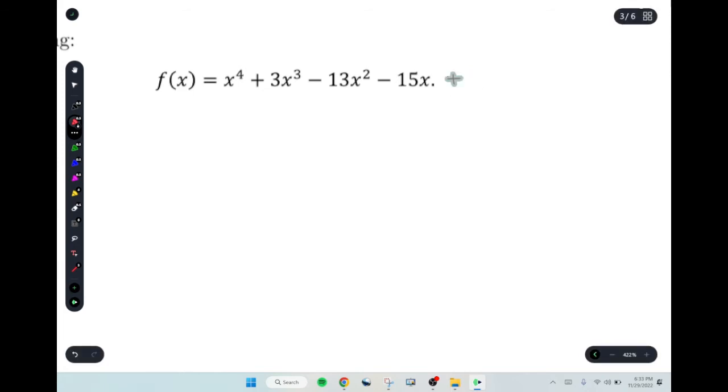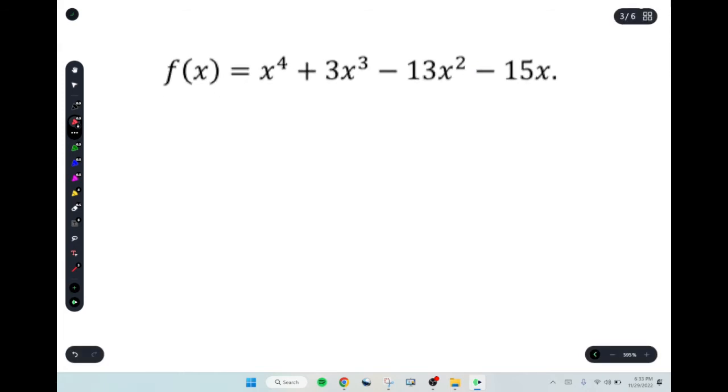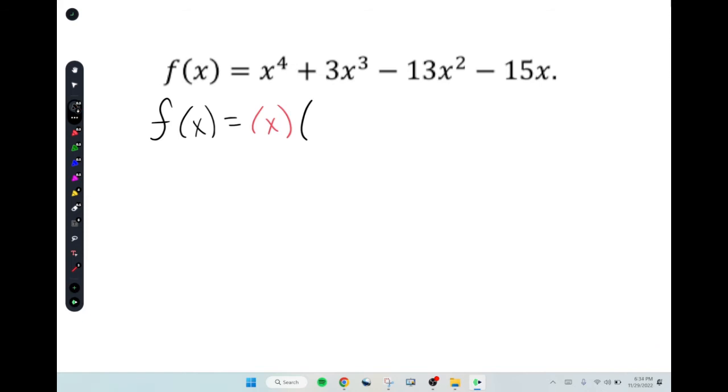And now we don't. So let's just take an X out, just because it's an easy step. That'll save us a whole term when we do our synthetic division. It saves us one line of synthetic division, which is awesome.